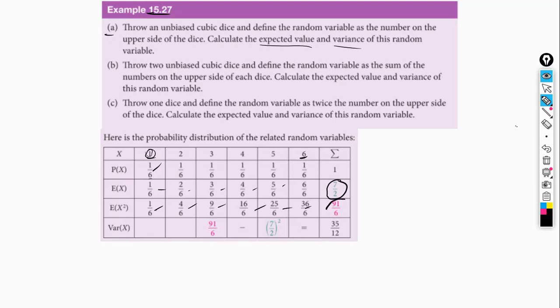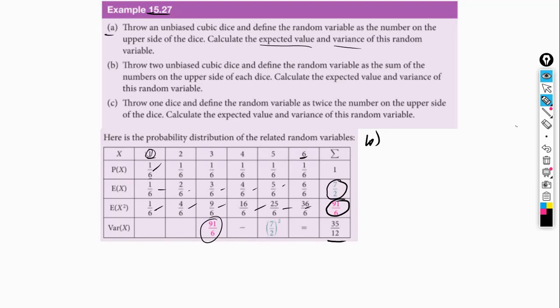And this is their addition. So in the end, we get the variance by subtracting the expected value squared from this other value, and we get 35/12.